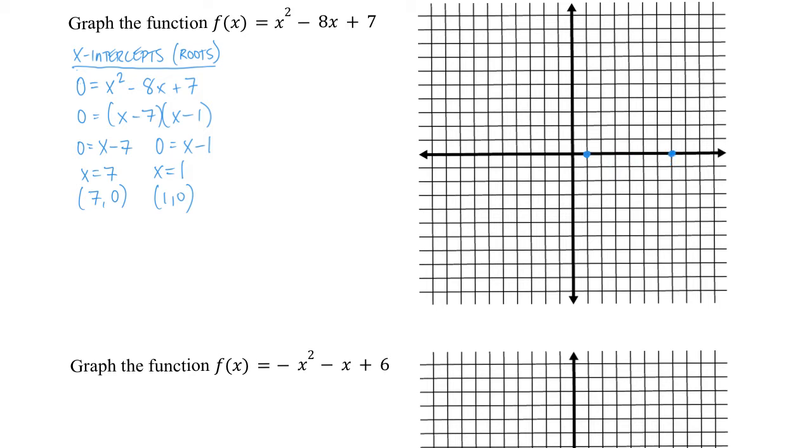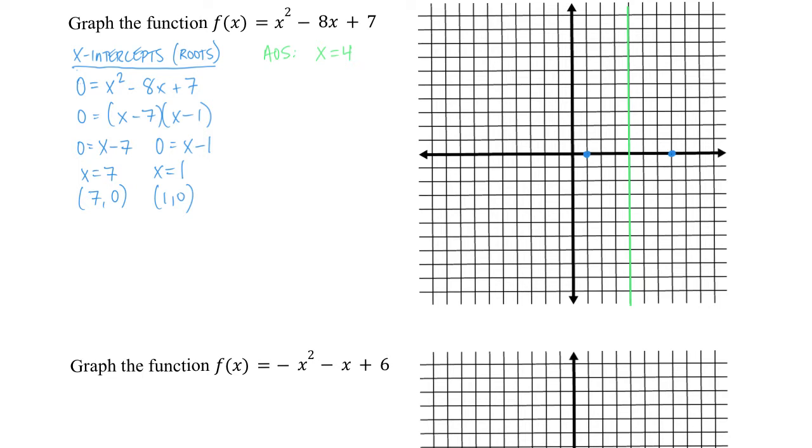So I can put my axis of symmetry right here at x equals 4. That's going to be my axis of symmetry. And then I can write that down because I'm going to need that information. x equals 4. Now, like I said, if you can't figure out where it goes halfway between, you can always use the negative b over 2a, which we learned in the last lesson.